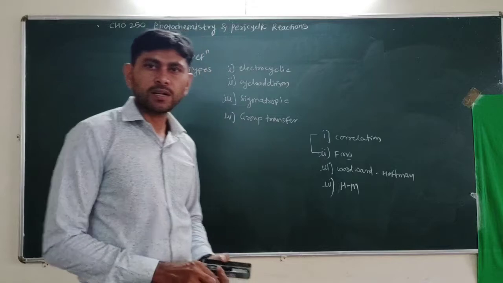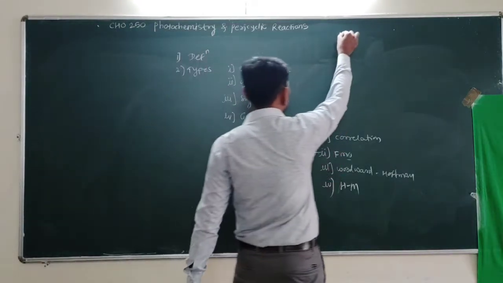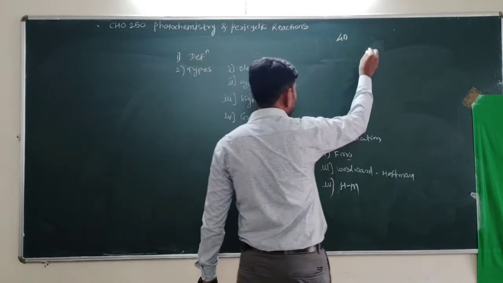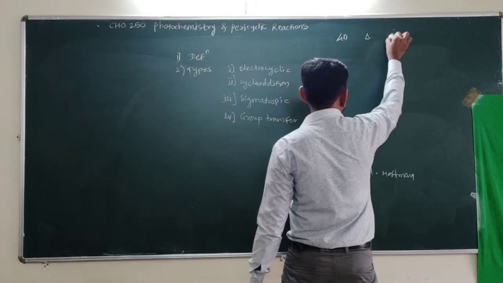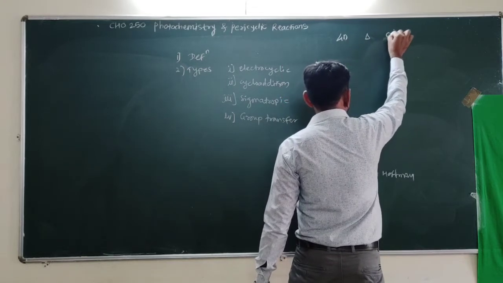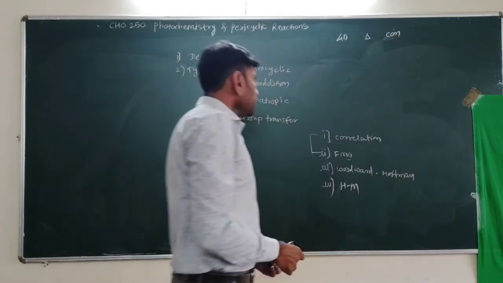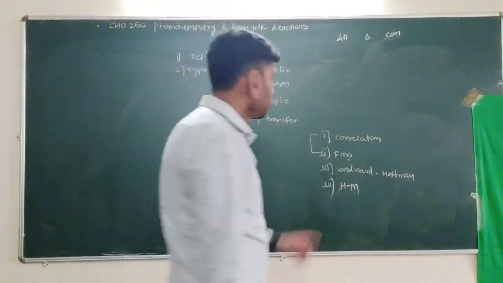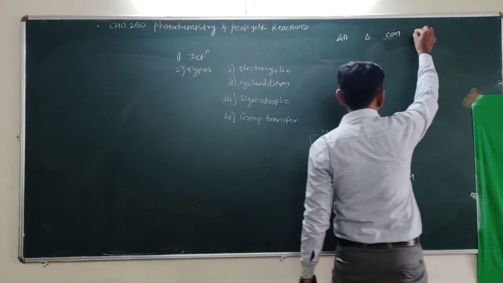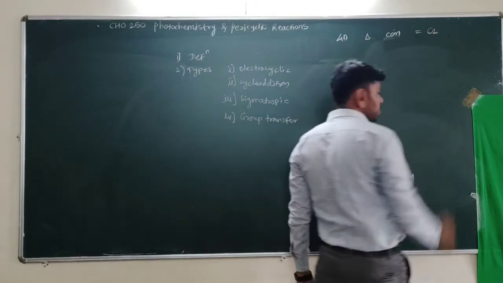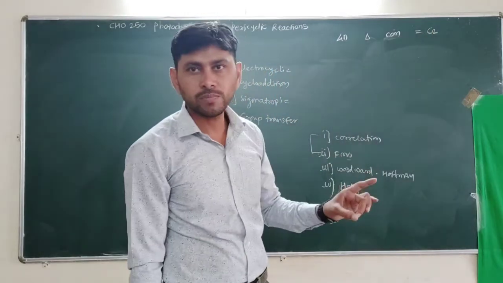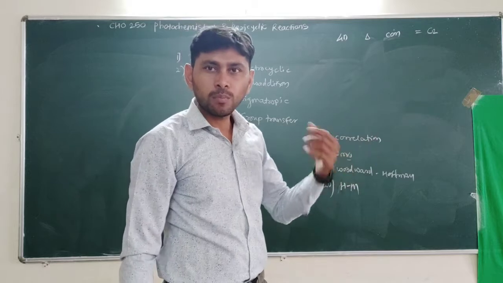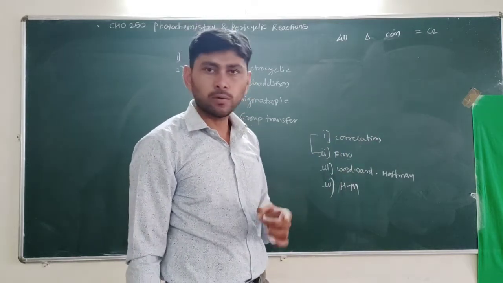So from that, the general selection rules are here. The 4n electron system, by thermal mode of activation, is allowed by conrotatory motion. And we know that conrotatory motion is always associated with C2 symmetry, so that we can obtain bonding molecular orbital overlap.